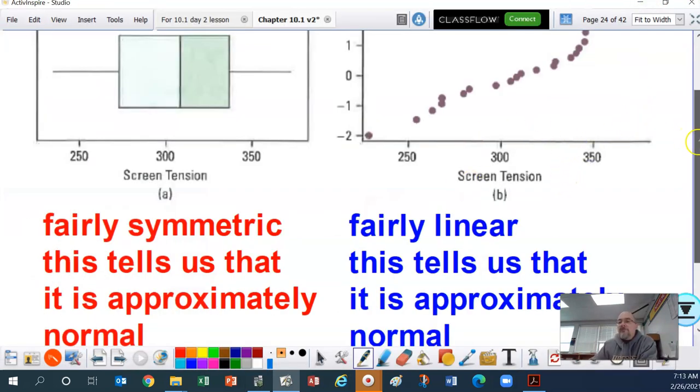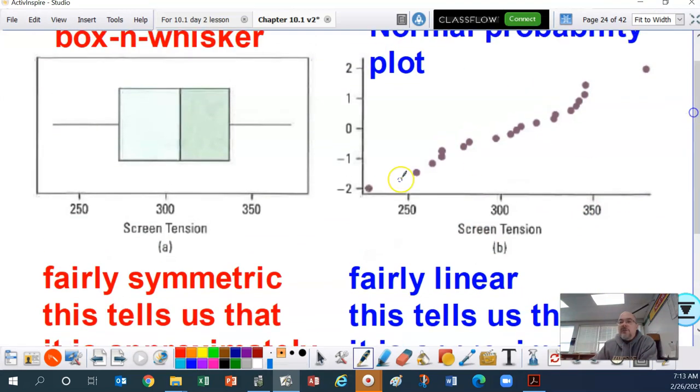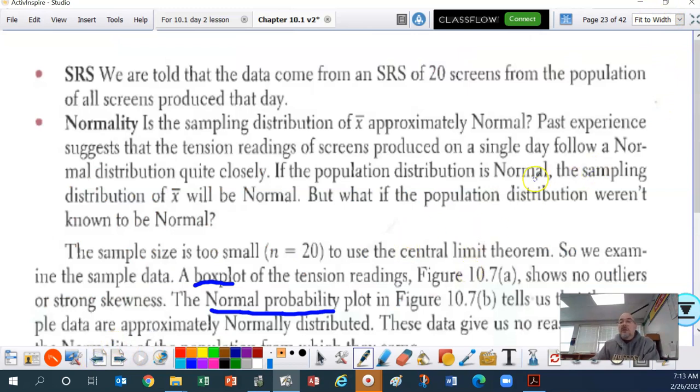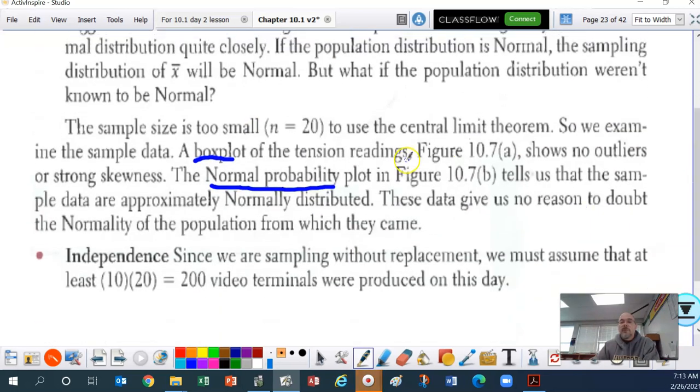If that probability plot is fairly linear, that tells us the sample distribution is approximately normal. So that was the normality piece, and that's what we said in here.